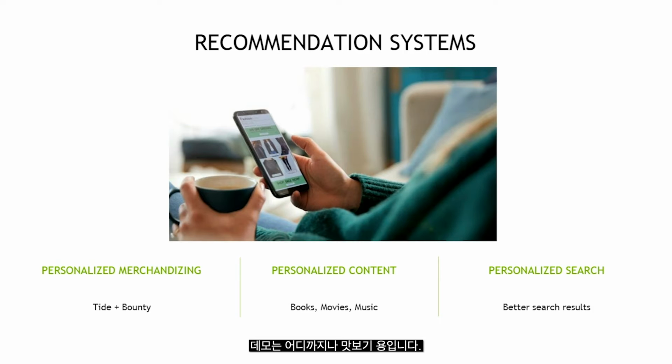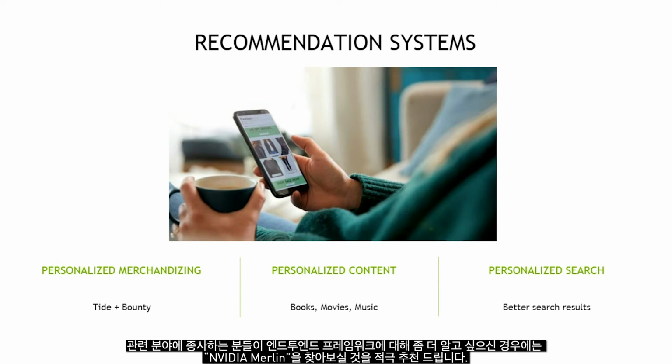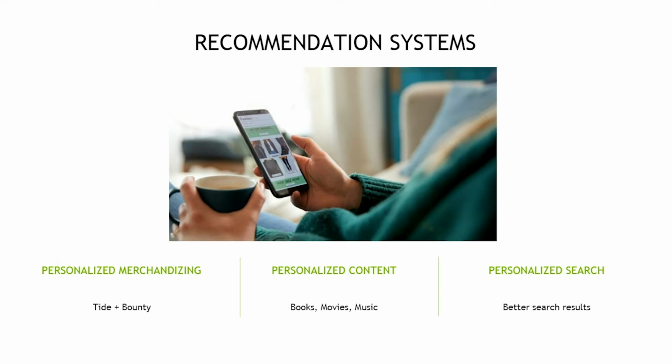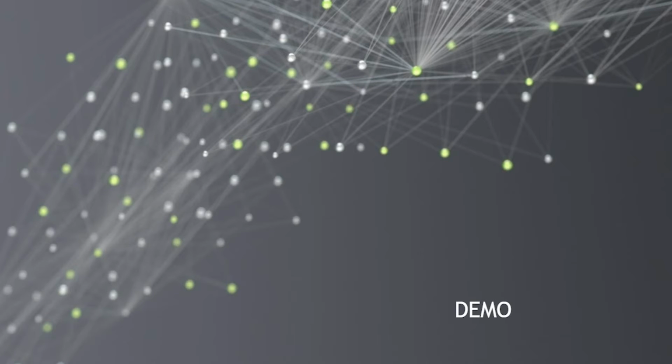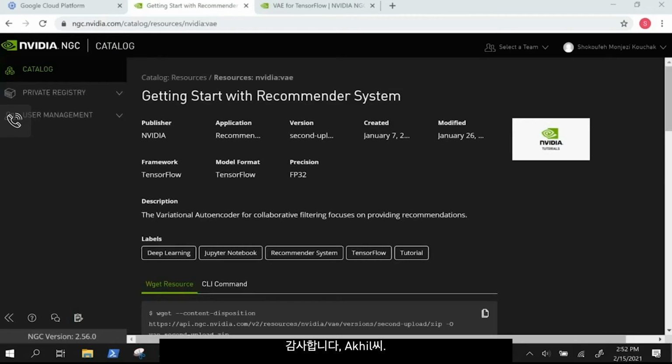This demo is just about getting started, getting your feet wet. If you're already in this area and you want to explore more about the end-to-end framework, I highly recommend that you look up Nvidia Merlin and learn more about that. So with that, I will move over to the demo and get it going. Thanks, Akil.